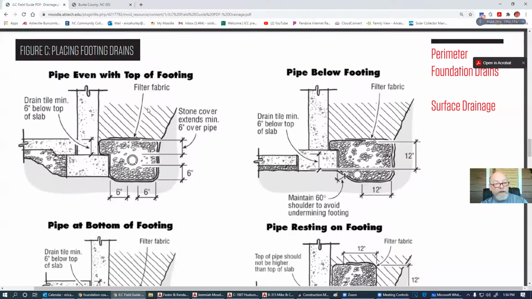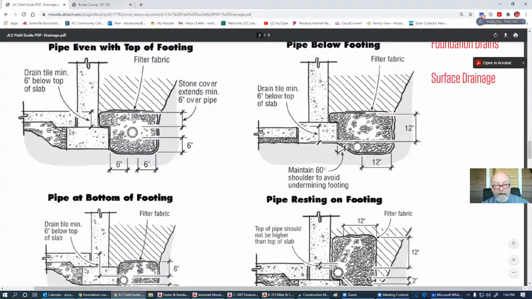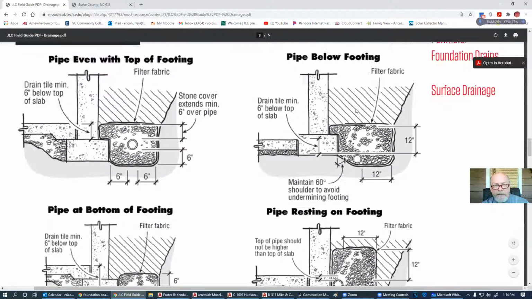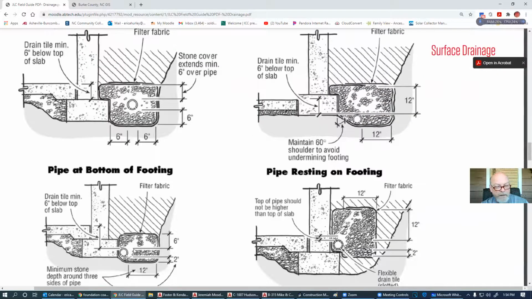So if you know that you're going to have surface water and you've tested, then absolutely you're going to have to address the surface water by putting these below or equal to the footings. This one, I don't even know if I'd do this one at all. So: pipe below the footing, pipe at the bottom of the footing, pipe resting on the footing.